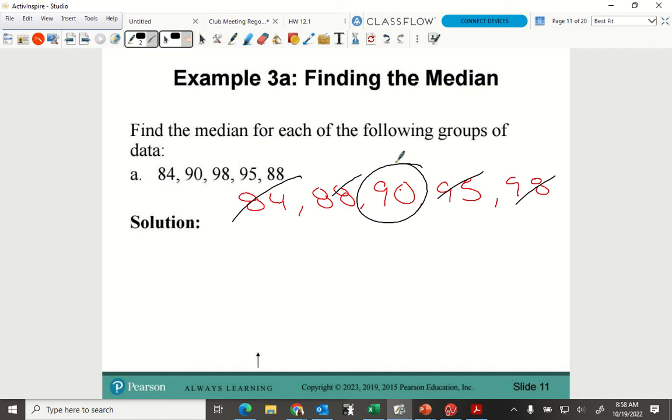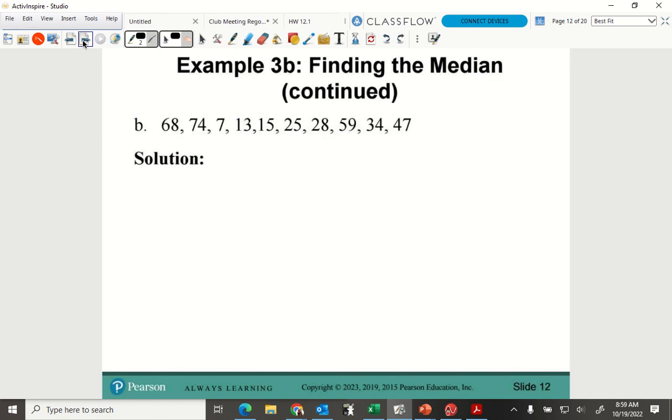Super easy, right? It gets a little bit more complicated with bigger numbers. Let's do this next one. I want you guys to put it in order and do this first yourself.